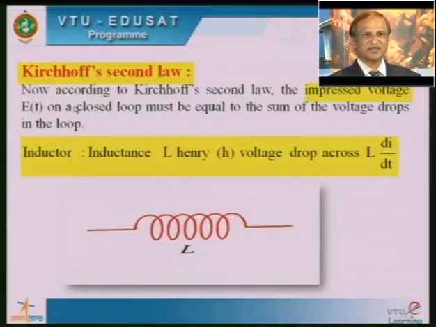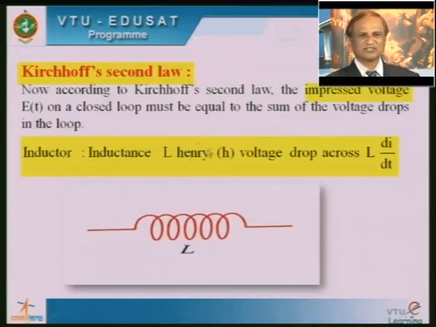Now, according to Kirchhoff's second law, the impressed voltage E of t on a closed loop must be equal to the sum of the voltage drops in the loop. That's clear. Now what do we mean by inductor or inductance L?